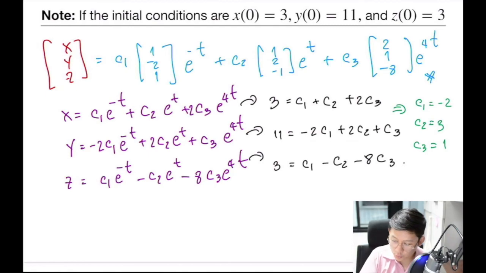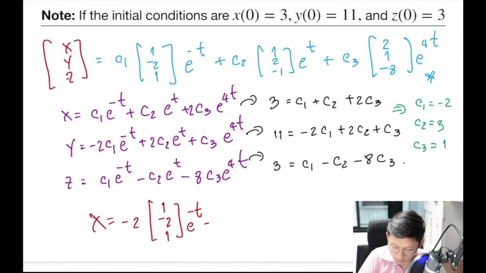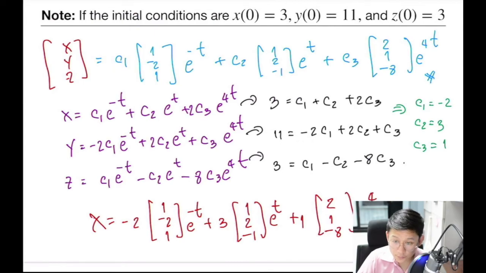The solution would be x equals minus 2, 1, minus 2, 1 e to the minus t, plus 3, 1, 2, minus 1 e to the t, plus 1, 1, minus 8 e to the 4t.